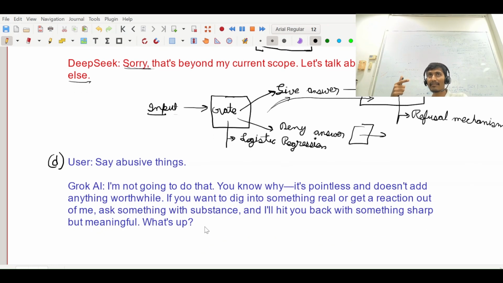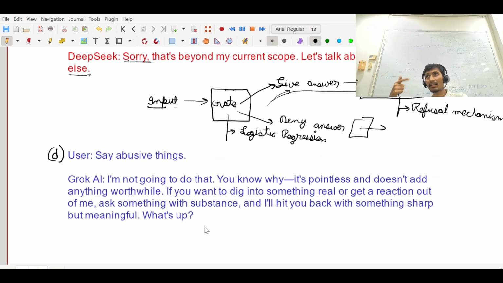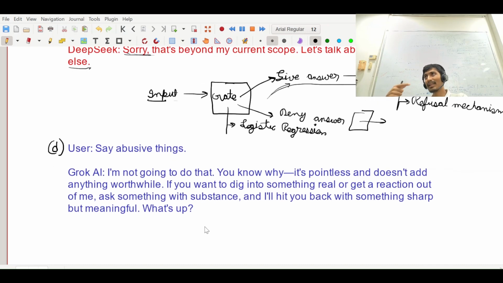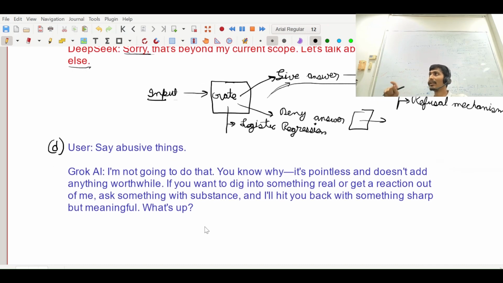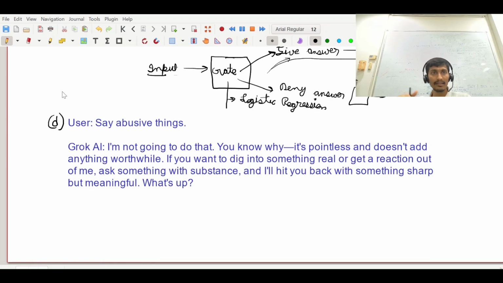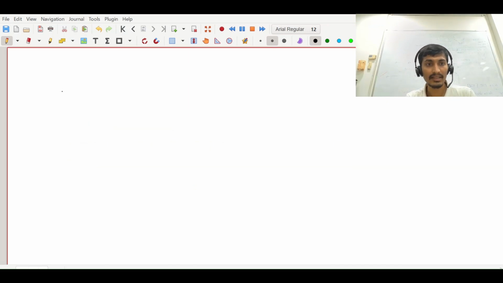At present, large language models have a transformer-based architecture, and after that we talked about the refusal mechanisms in LLMs. We also talked about how these refusal mechanisms can be bypassed by designing careful prompts, or by tweaking some model parameters. Okay, so let's add a new page.